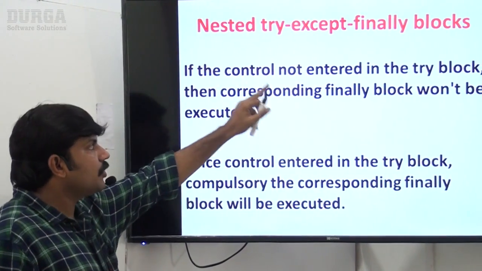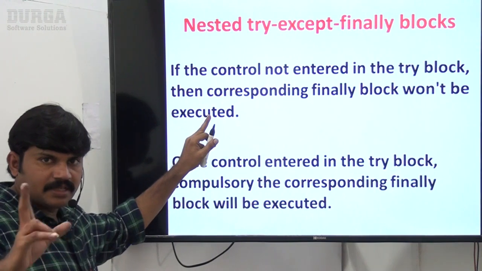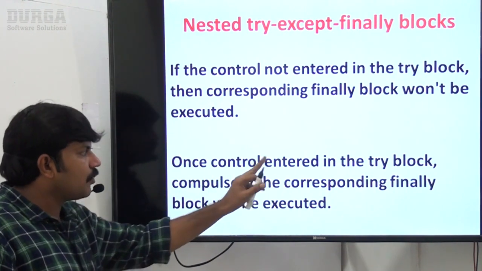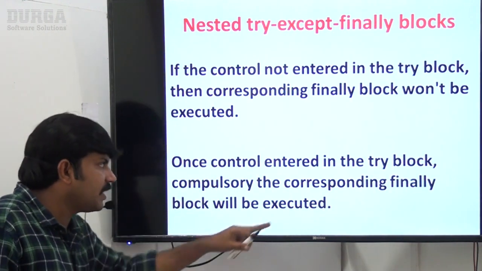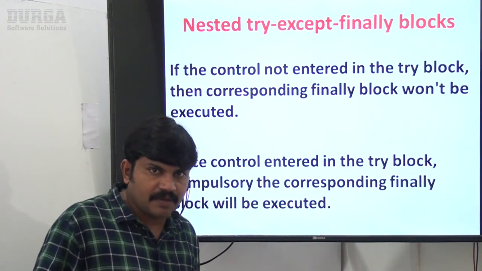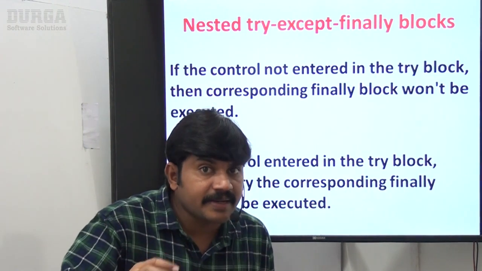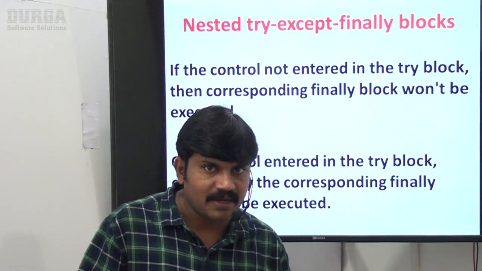Remember that. Next, once the control has entered the try block, compulsorily the corresponding finally block will be executed. Is it clear for all of you, right? This is a small example to demonstrate nested try except finally blocks. Any doubt?